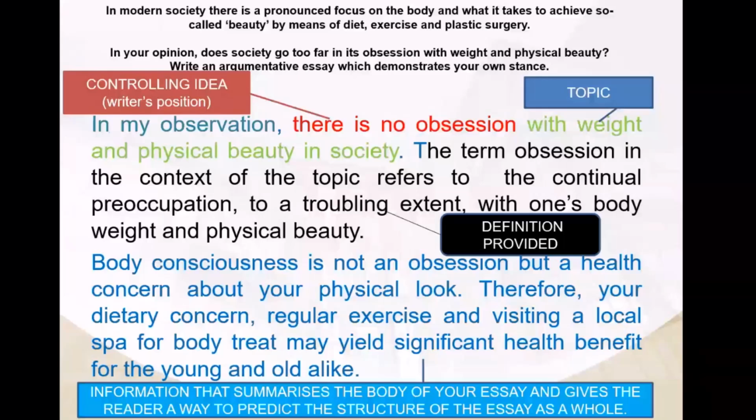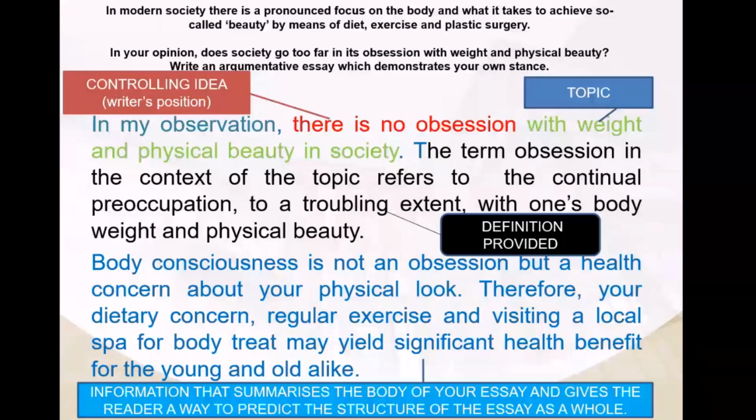He claims that dietary concern, that regular exercise, that visiting a local spa are not an obsession, but these are ways that a person is able to lead a healthy lifestyle, right?